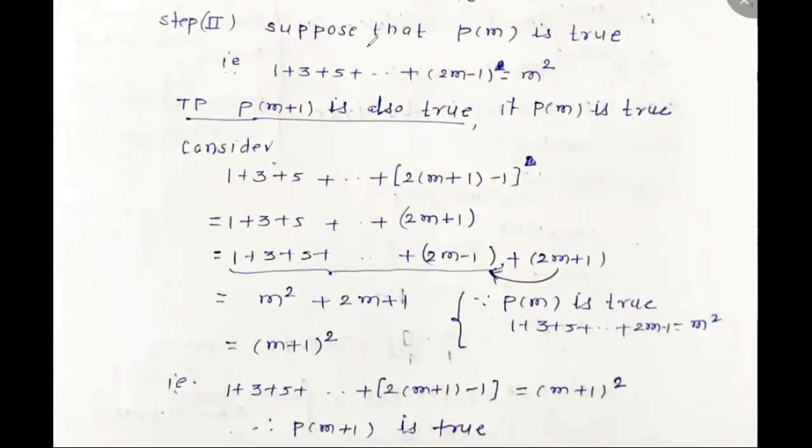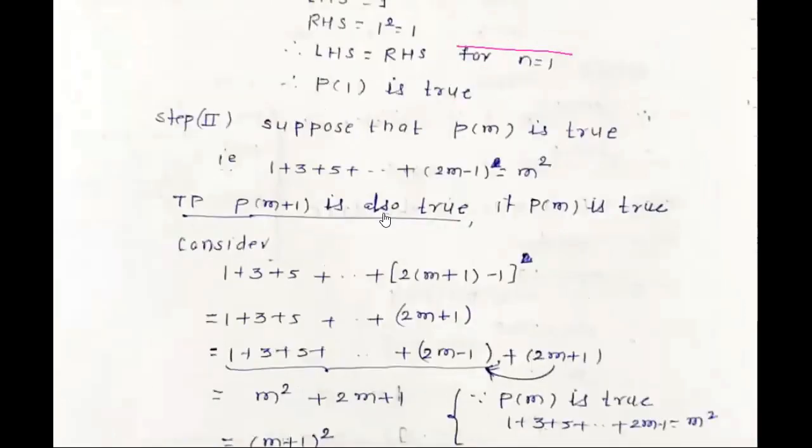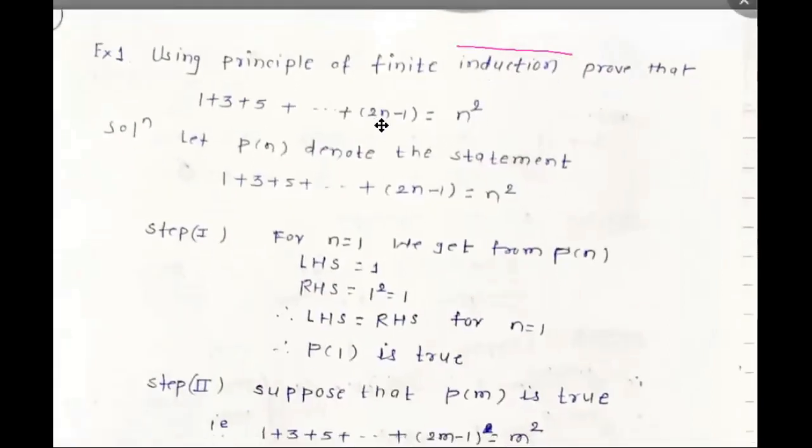Now, the second step: if P(m) is true, show that P(m plus 1) is also true. So what is P(m)? Here we put n equal to m, so we get P(m). What is P(m plus 1)?